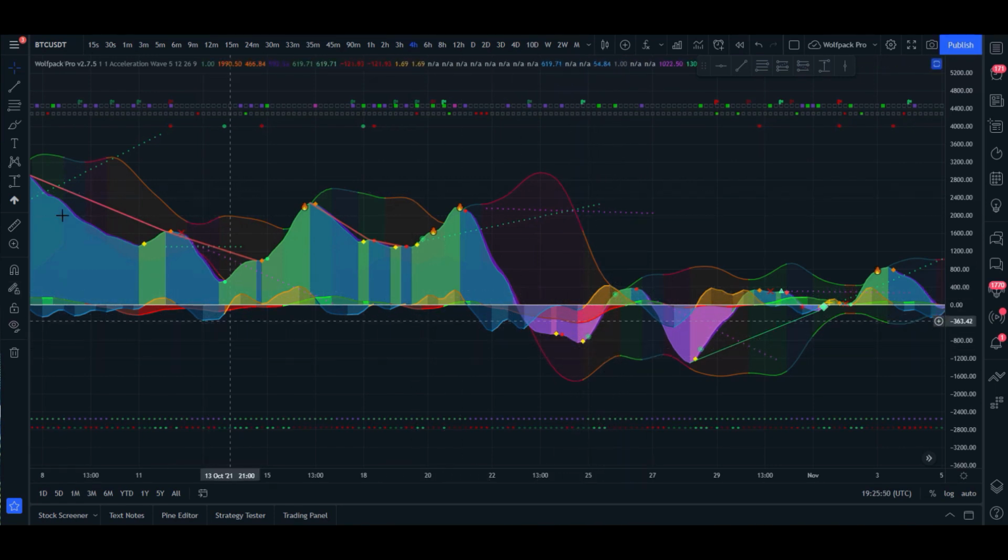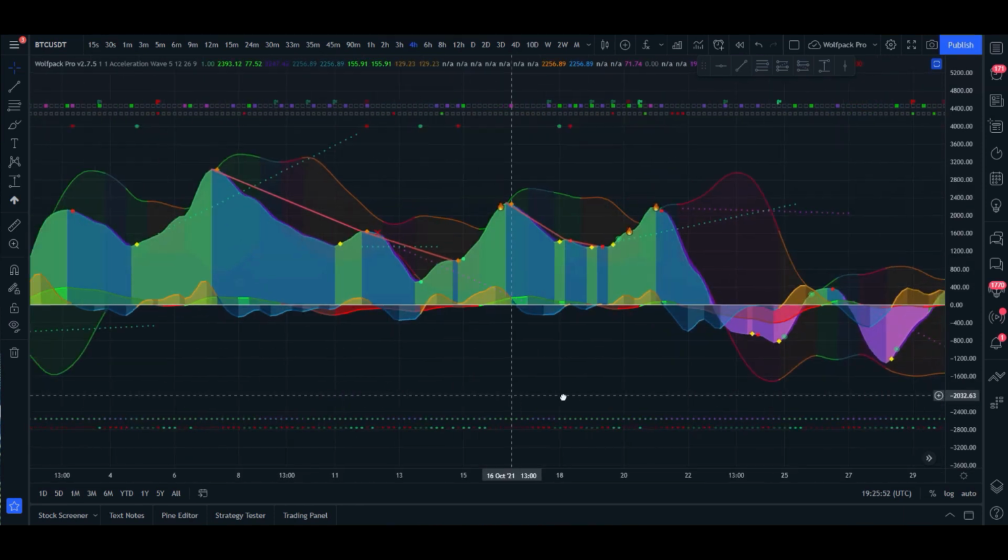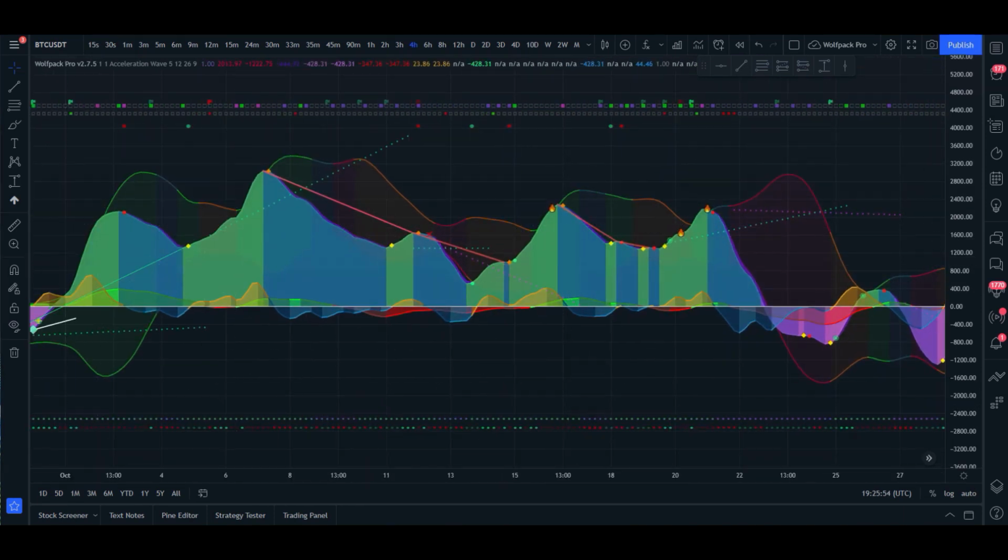And the same absolutely goes for the bearish signs. So you've got your standard red dots, and at the other end of the spectrum you've got your red cross, which is quite significant. And you can see that here. You've also got these orange diamonds. I think these are quite significant as well.